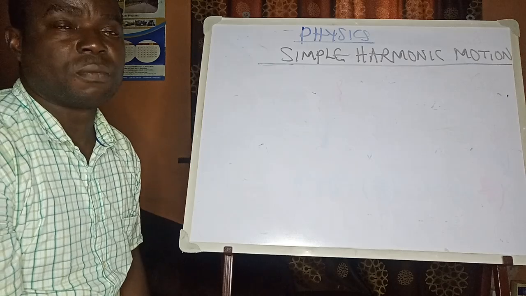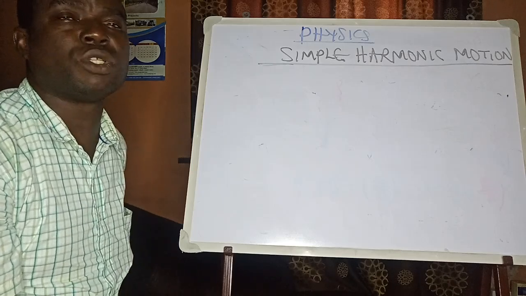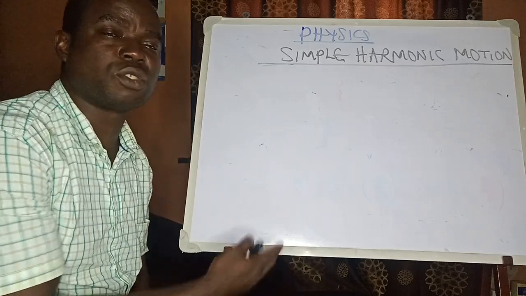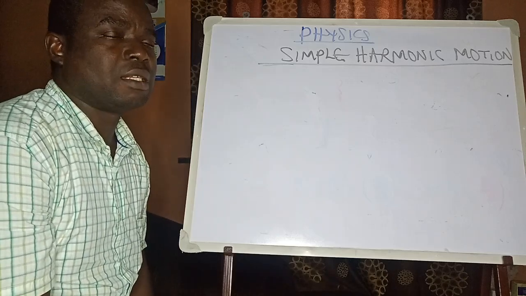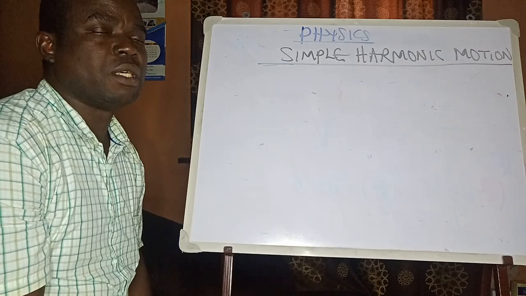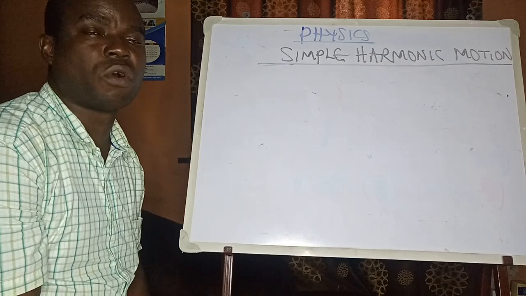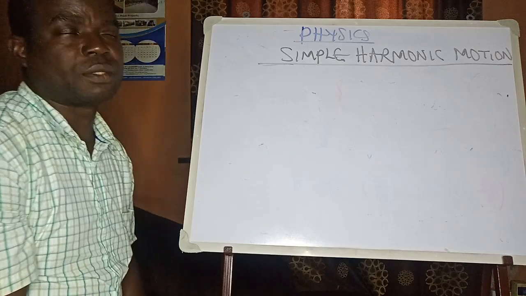All right, welcome. In the first video, we talked about the symbols we use to study this topic, and then in the second video, we listed the formulas we use to solve or to handle the topic.